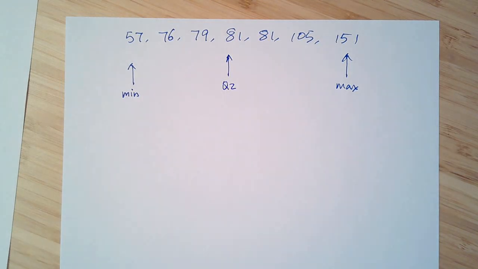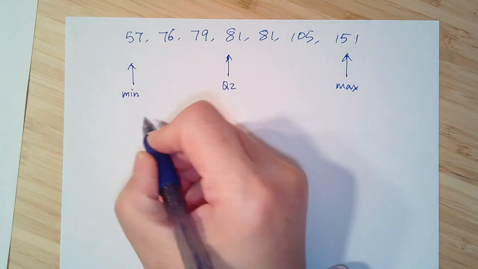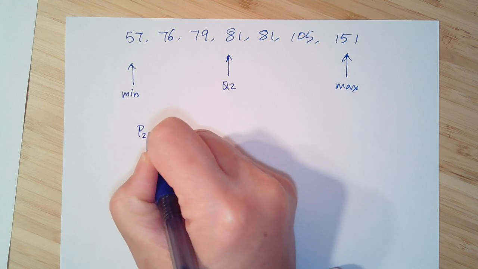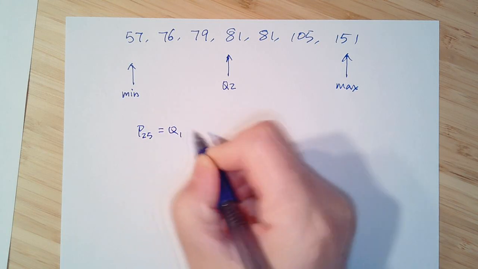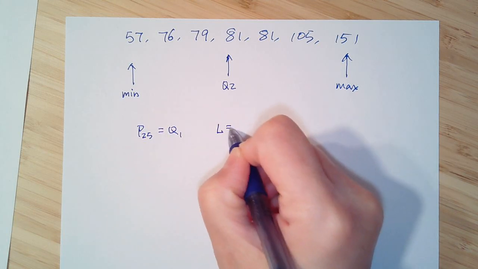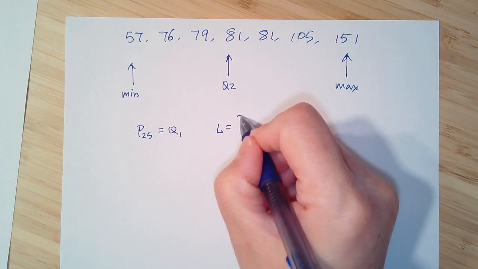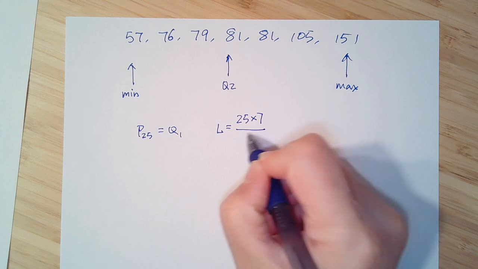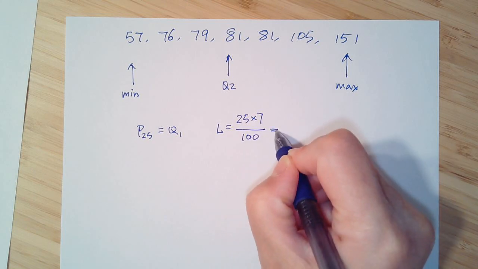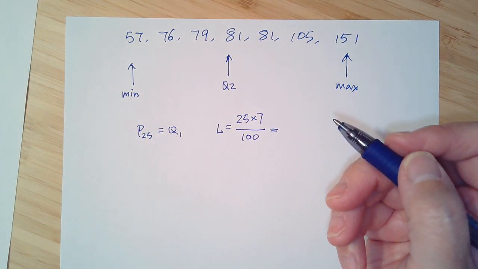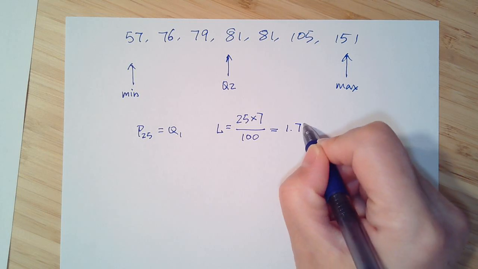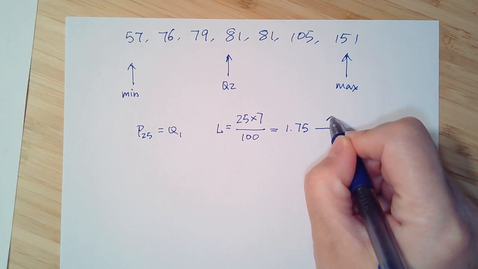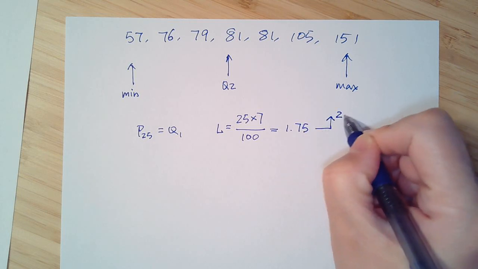And then we are looking for P25. That is our Q1, right? So how do you find that? The locator will be 25 times 7, because there are 7 numbers, over 100. So 25 times 7 is 175. So it's going to be 1.75. Remember, if it's not an integer, always round up. So the second number is your Q1.